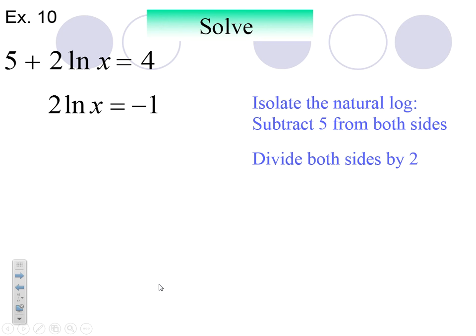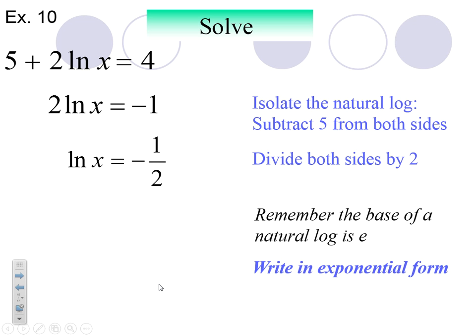In this example, we have a natural log, but log is still only on one side of the equation. So what we want to do is isolate the natural log by subtracting 5 from both sides and then dividing both sides by 2. And that gives us the natural log equals -1/2. Now, in a natural log, we need to remember that the base is e.